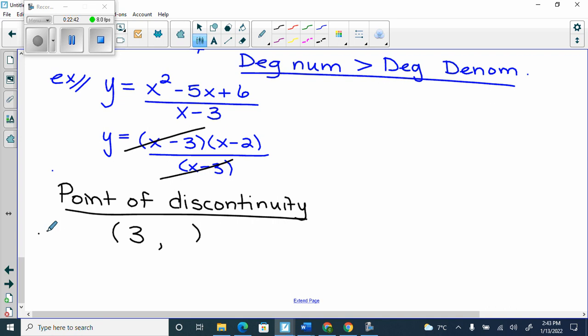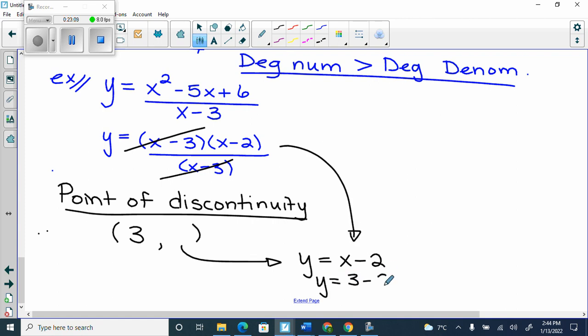If I plug it back in the original, I'm going to get a 0 in the denominator, correct? If I plug it into the simplified form, I've gotten rid of the issue, and I can find the y that corresponds to that point that doesn't exist, because the point of discontinuity is an open dot. It's a point that doesn't exist on the graph. So I fill it into y equals x minus 2, the simplified form, and I get y equals 3 minus 2, so y equals 1.